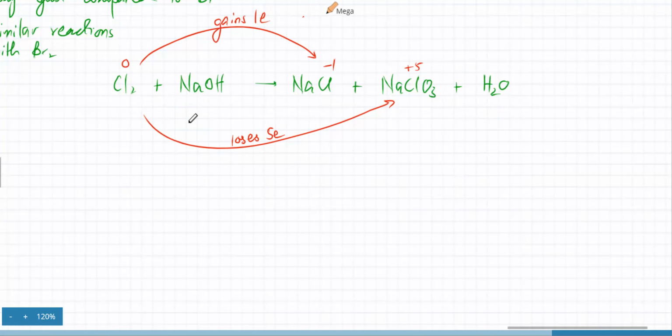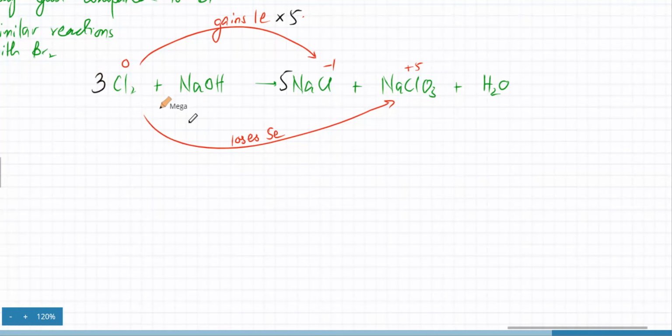Now, in any redox reaction, you have to make the number of electrons gained and lost equal. To do that, you would have to multiply this by 5. So that means you should have 5 Cl minus 1 ions. So in total, on the right side, you'll have 5 Cl minus ions and 1 Cl plus 5. So that means a total of 6 Cl atoms at the beginning.